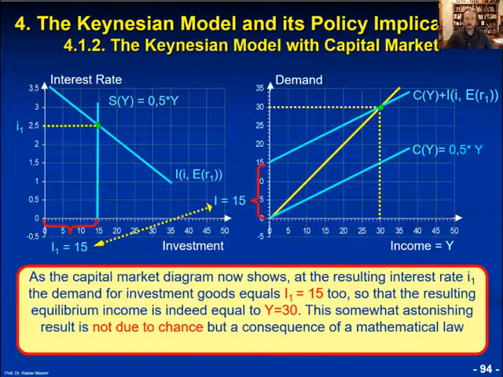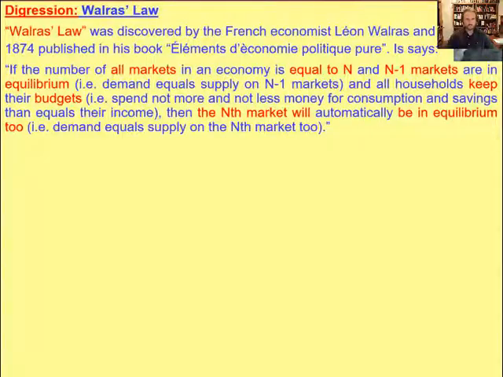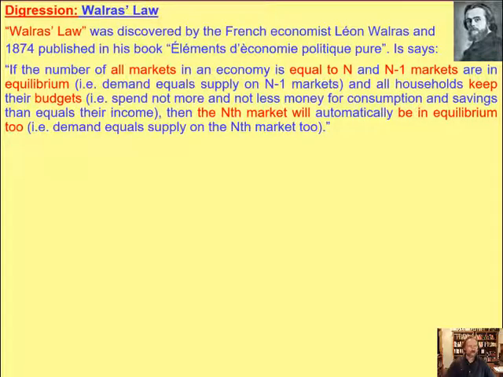It is quite simple to derive Walras' law in an economy which consists only of a capital market and a market for goods, as the following digression shows. Walras' law was discovered by the French economist Léon Walras, and in the year 1874 published in his book Éléments d'économie politique pure.